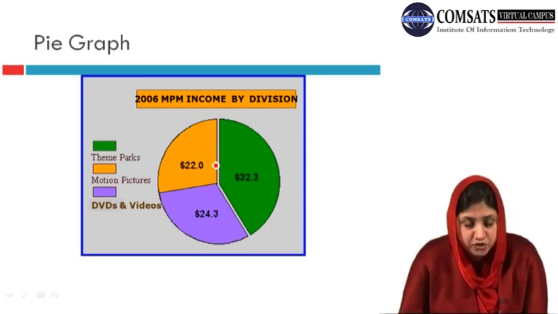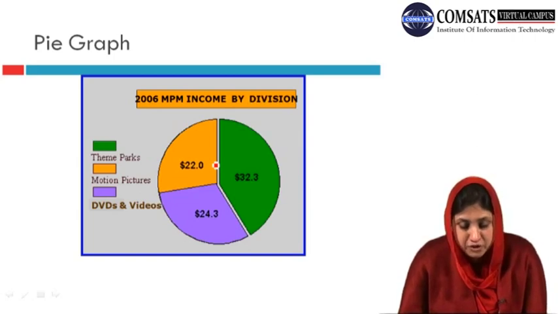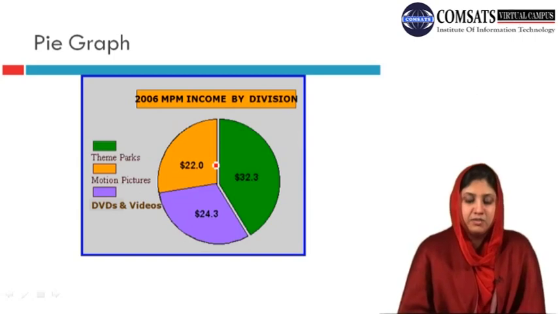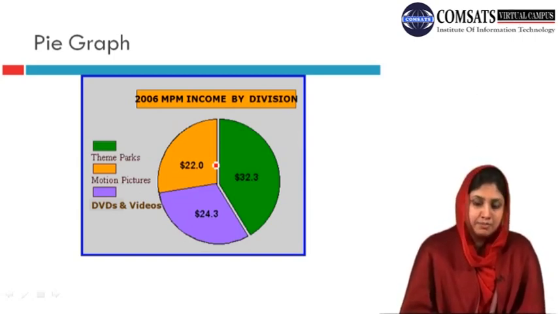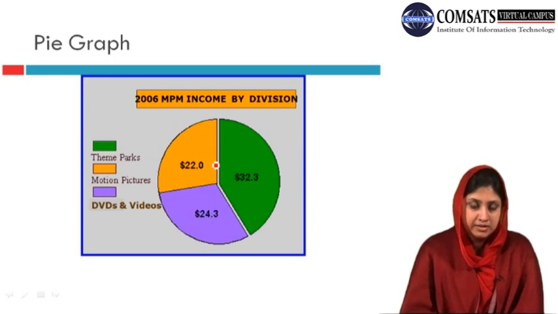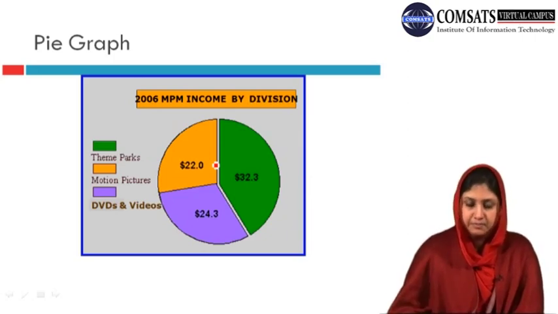And from DVDs and videos, $24.3. So the bigger chunk, the green chunk that is separated from the rest, tells you that the maximum profit is coming from the green item, the theme parks, and that is playing the main role in generating the income in 2006 by this company.